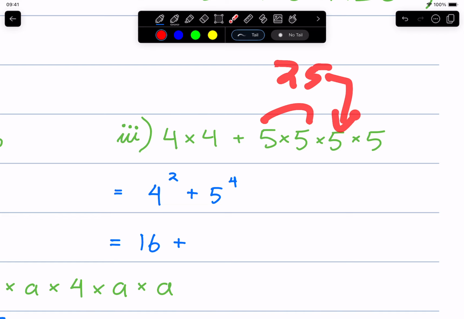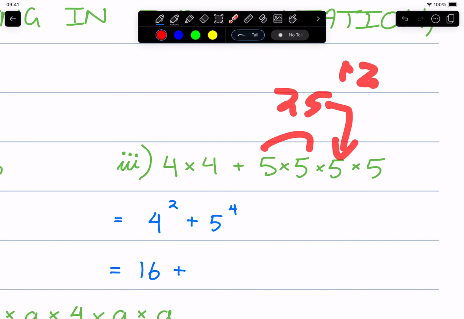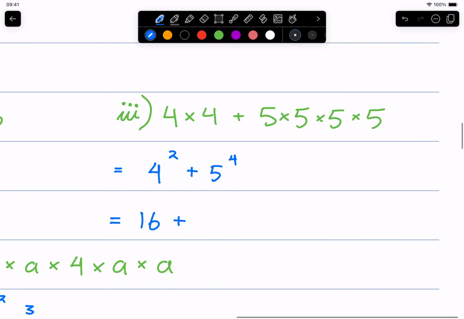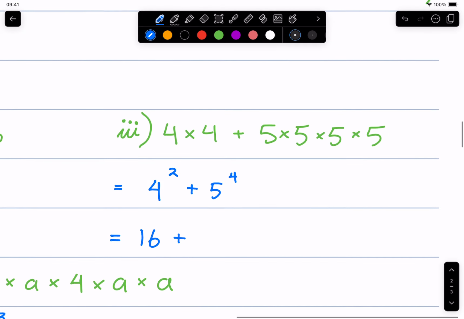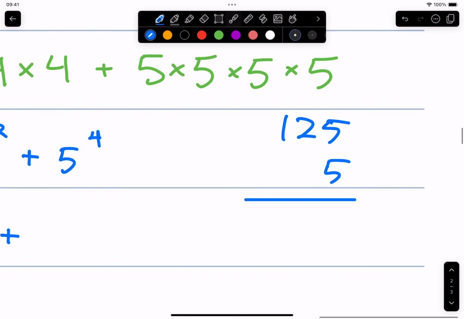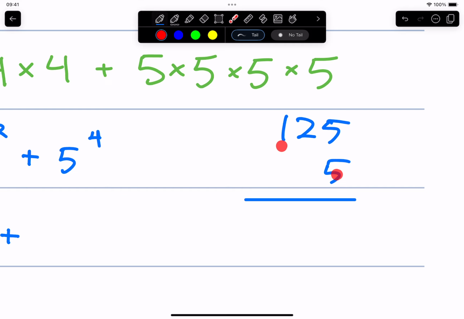25 times 5 is going to be 125. And now 125 times 5. Let's use some multiplication methods here. So 125 times 5. I actually work from left to right here. 5 times 100, 500. 5 times 20, because this 2 represents 20.